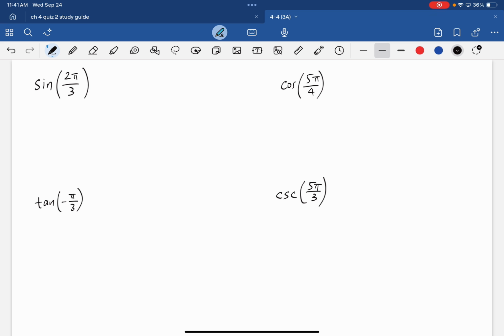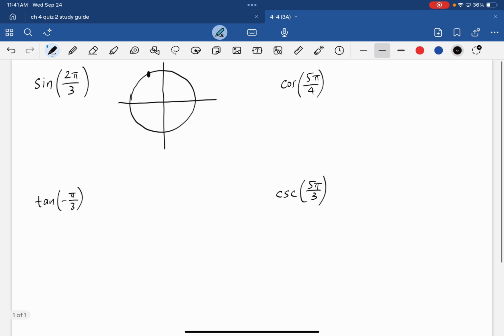Wait, 2, 3, 5, 120. So, 2 pi over 3. Oh, well, that angle is... Wait, the measurements are 1/2 and then what is it?